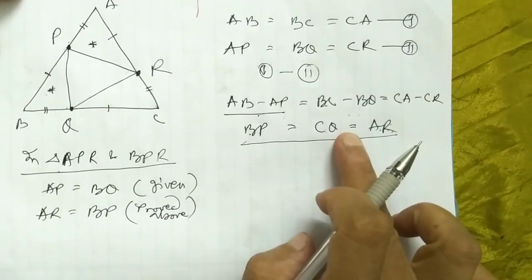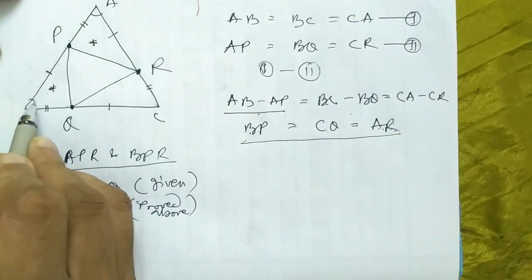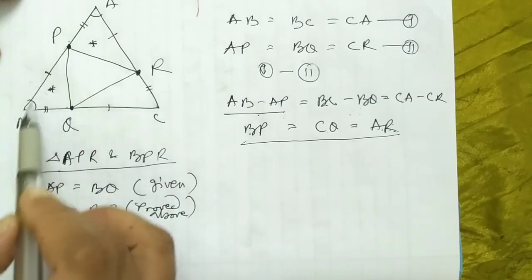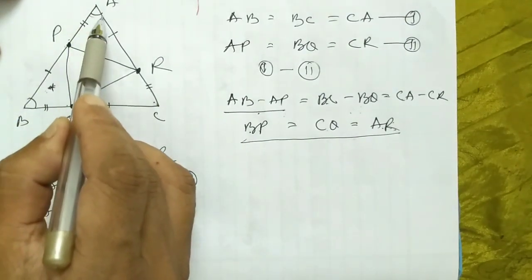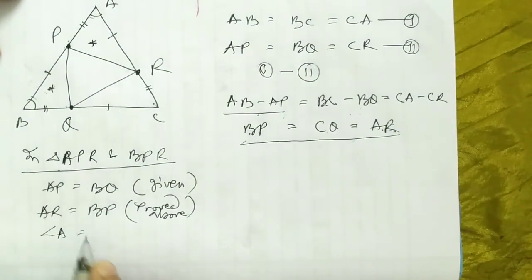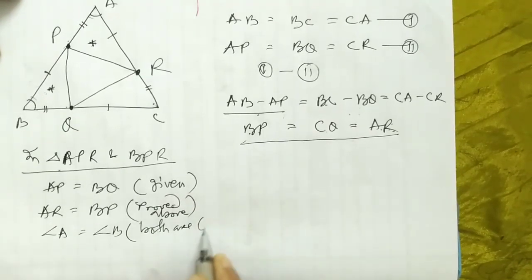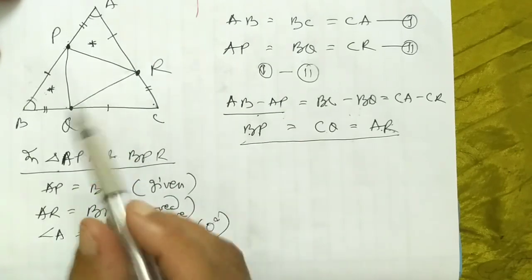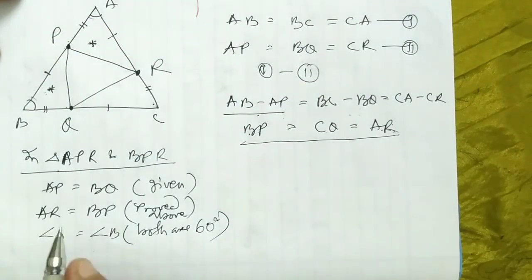Now, this angle and this angle are equal. Why? Because this is an equilateral triangle, this is 60 degree, this is also 60 degree. So I can write angle A equal to angle B. Both are 60 degree. Fine. So these two triangles are congruent now.